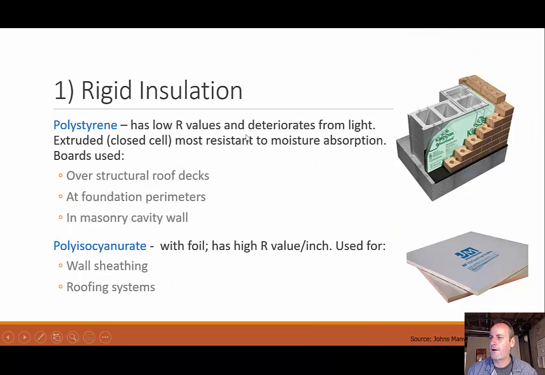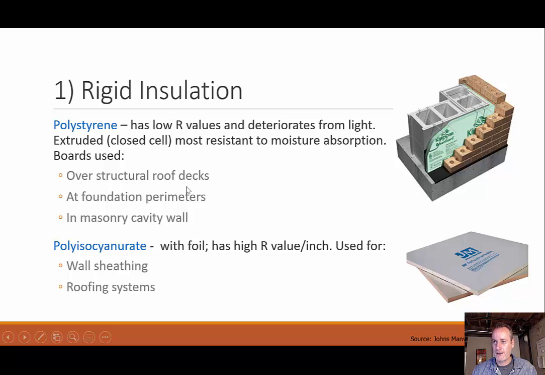Polystyrene has a low R value, so that's not good. We want a high R value to be more insulative, right? And it deteriorates from light, so we can't have it exposed to direct sunlight because it'll start to break down. It's extruded, most resistant to moisture absorption. So where would I use this type of polystyrene insulation?